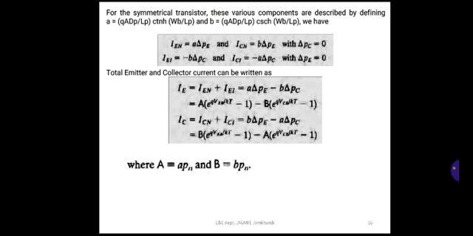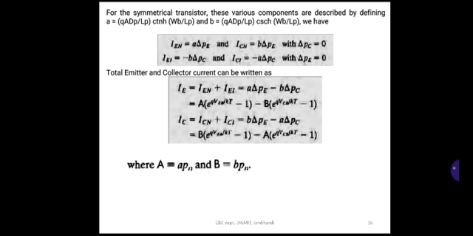Here the negative sign is because it is in the inverting mode. The subscript I refers to the inverting mode. So we are showing the current direction the same, but the hole is moving from the other side, collector to the emitter side. So the negative sign.